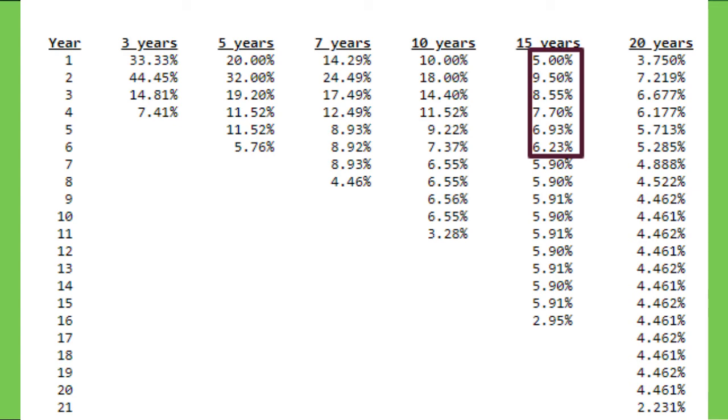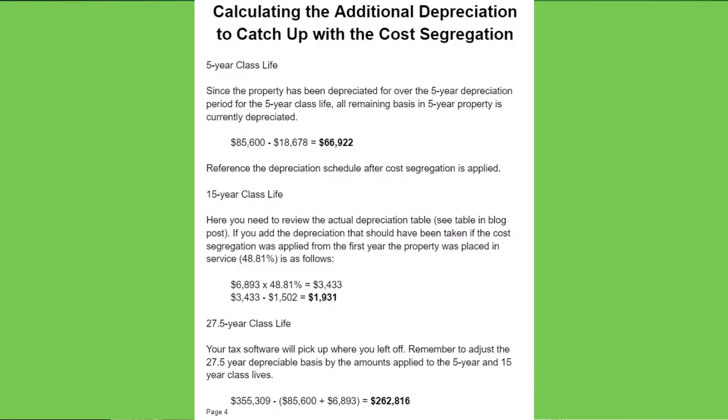You take the $6,893 and you multiply it by 48.81% in this case, because if you add up 7 years of depreciation on a 15-year schedule, you come up with 48.81, and that's the percentage that has been used to date. If you calculate that out, that's $3,433.